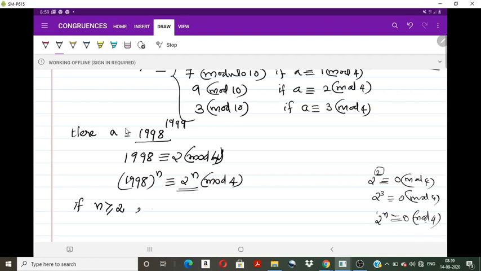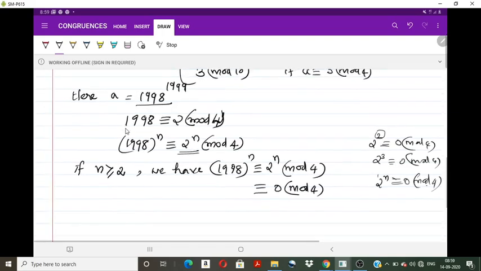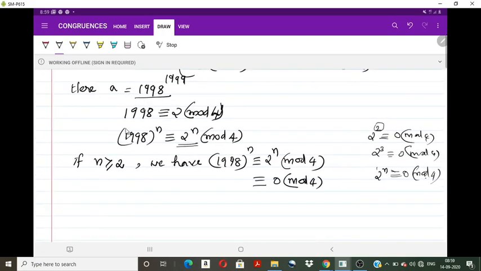So if n is greater than 2, we have 1998 raised to n congruent to 2 raised to n modulo 4, and 2 raised to n is congruent to 0 modulo 4. So in total, 1998 raised to n is congruent to 0 modulo 4 if n is greater than or equal to 2.